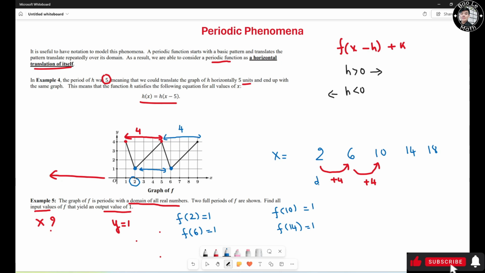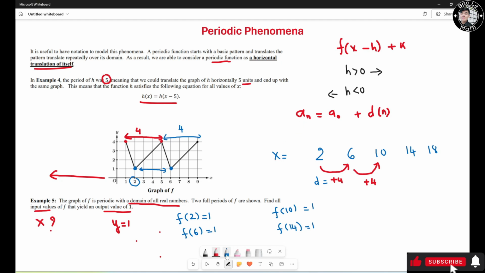So d equals 4. Alright, so the recursive formula for the arithmetic sequence is a sub n equals a sub 0 plus the common difference multiplied by n, right? So this guy turns out to be a sub n, which means s right here.